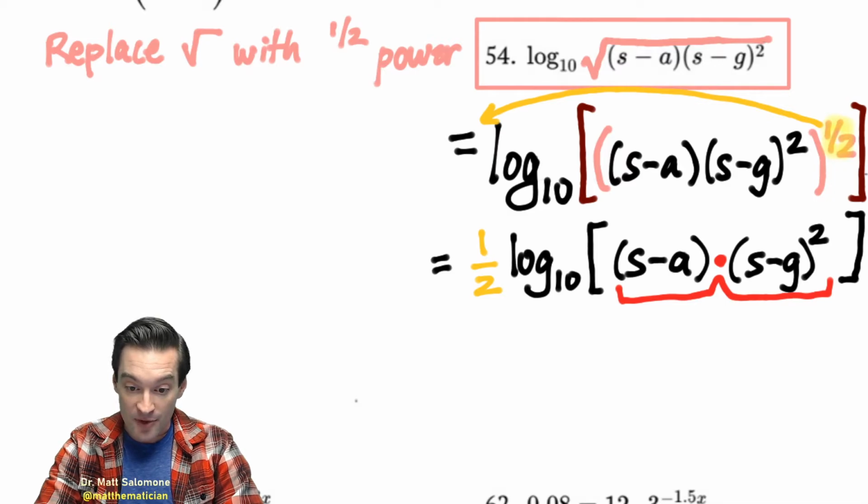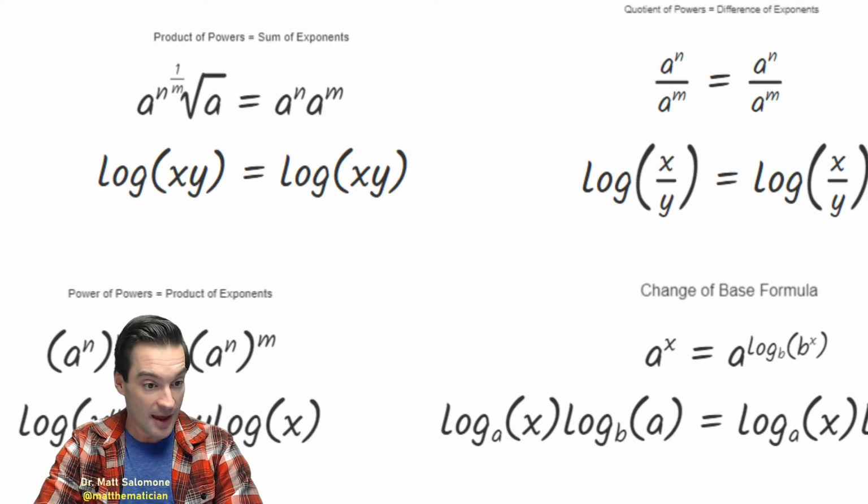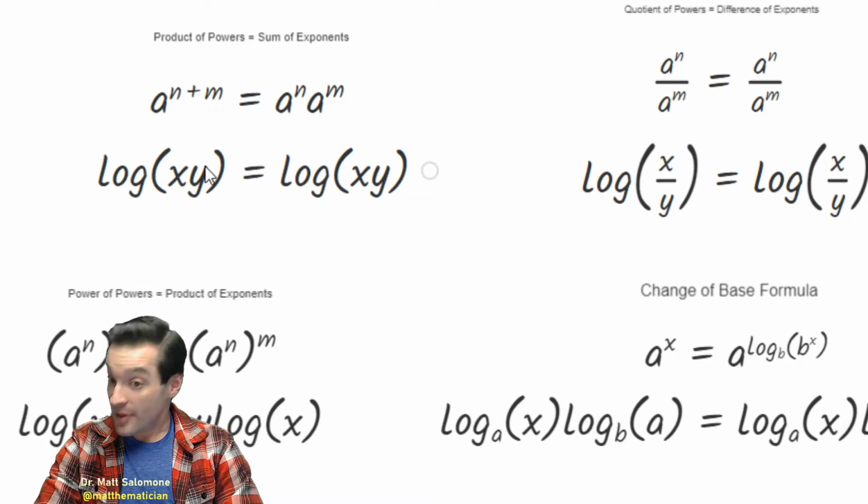It comes from the same property as the product of powers property. Remember that when I multiply two powers that have the same base, that's the same thing as adding the exponents.